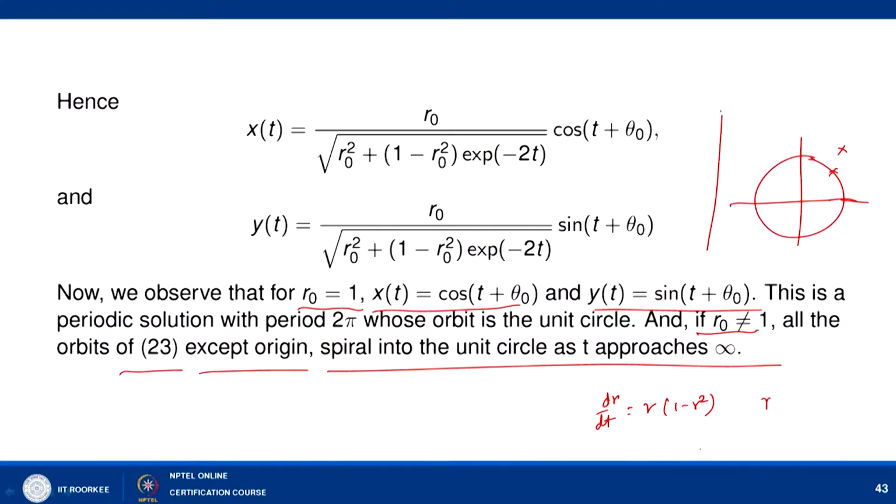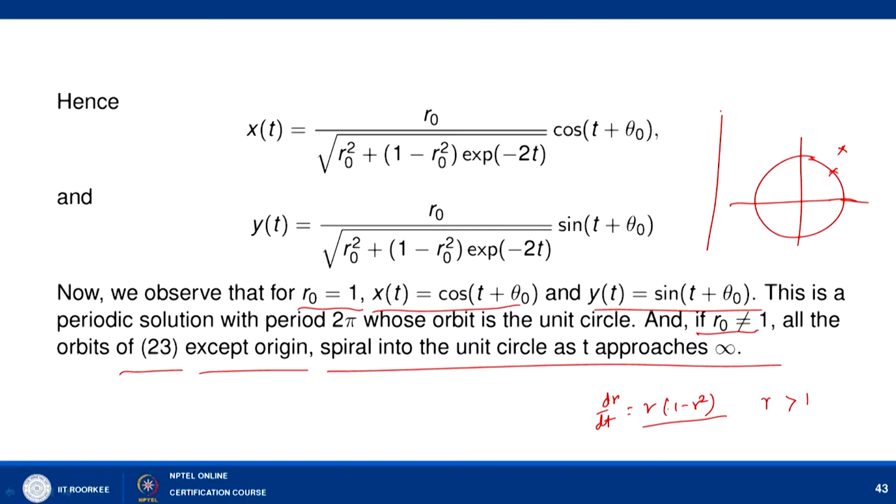So if r is greater than 1, then r square is certainly bigger than 1, so this quantity dr by dt is negative. It means your radius will be a decreasing function as t increases. Now, up to what will it decrease?